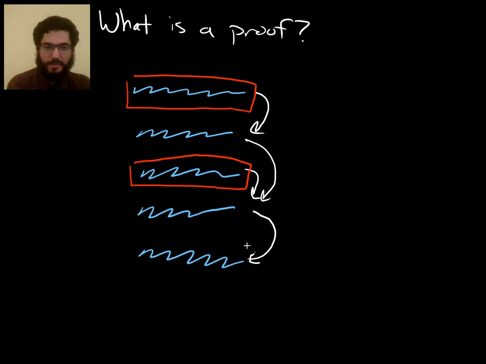So here's going to be our definition. A proof is going to be a sequence of propositions, a list of propositions, like these blue scribbles, if you pretend they are propositions, where each proposition follows from the previous by rules of deduction, or it's an axiom.